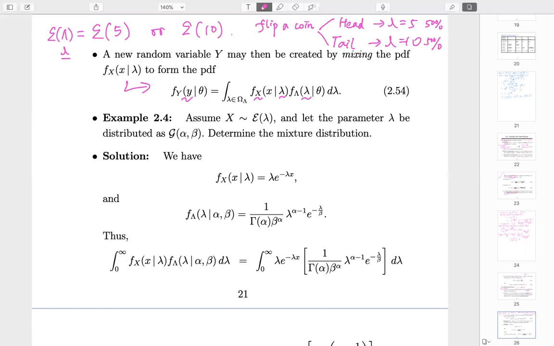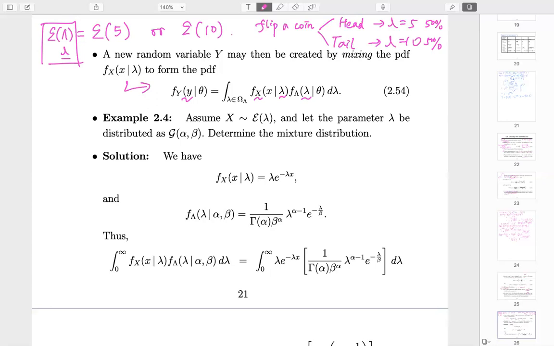So I flip a coin. If I get a head, I will take 5 to be the parameter. If I get a tail, I will take 10 to be the parameter. See, this is not exactly a single parameter anymore. Although in the original distribution, lambda is the only parameter, I add additional uncertainty to the value of lambda.